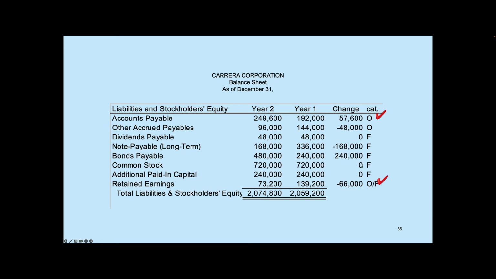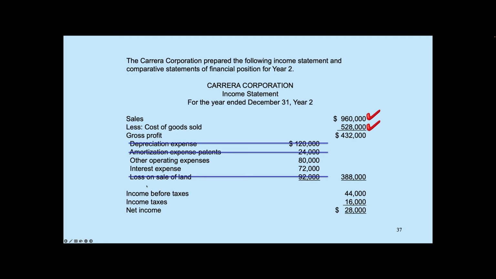There were no changes in these. Those are financing activities. We're just worried about the O, and the only one that's left is other accrued payables.